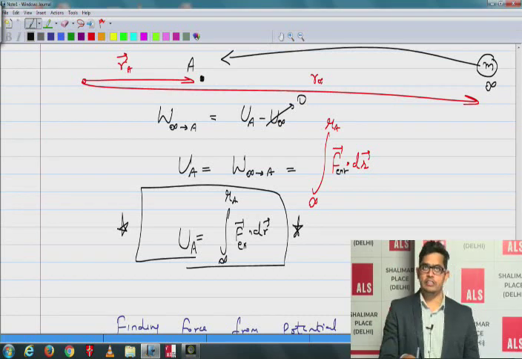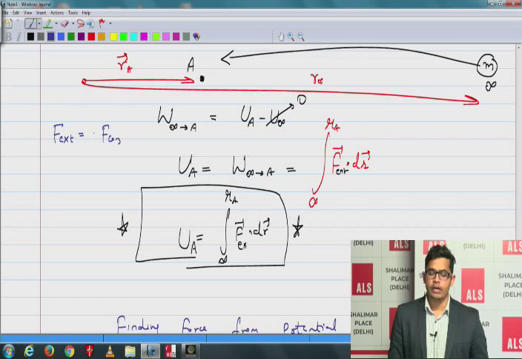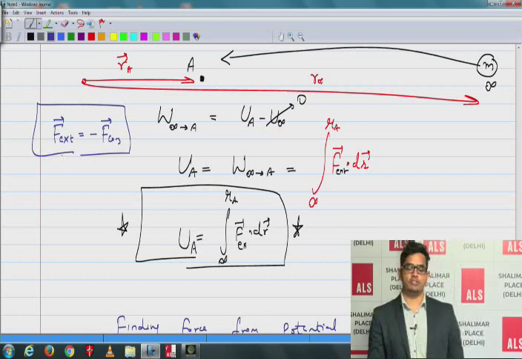Now, we can define all these things in terms of the conservative force as well. Remember, our external force is just enough to balance the conservative force, but the direction is opposite, so I'll write a negative sign. Your external force is the negative of conservative force.